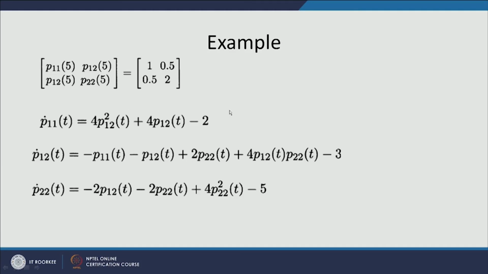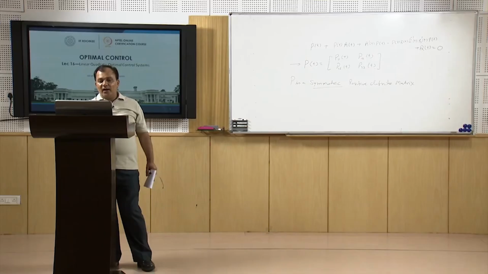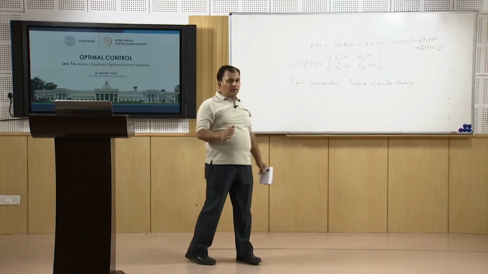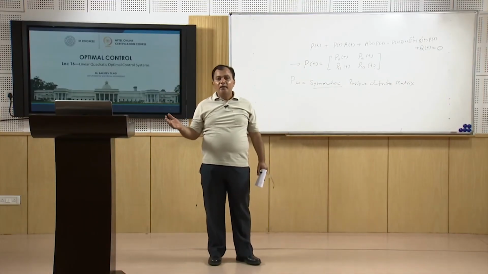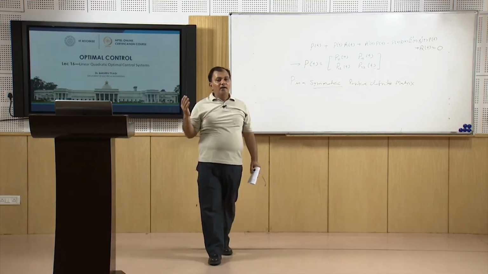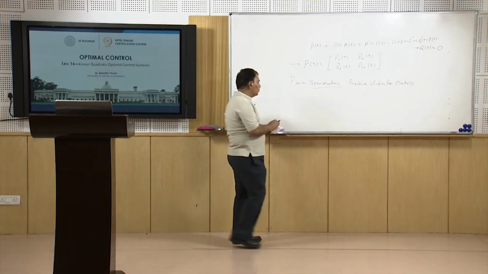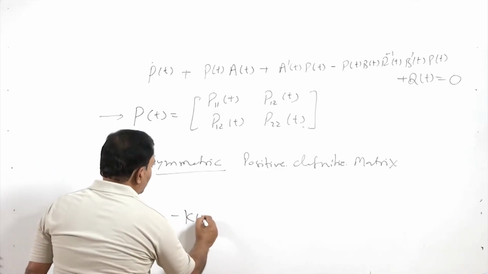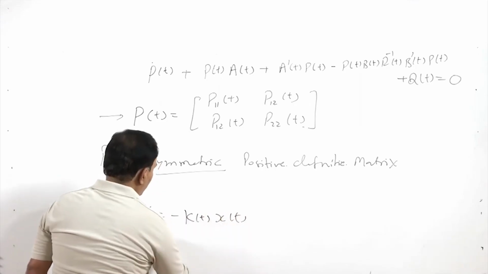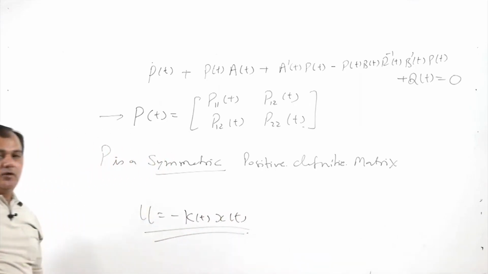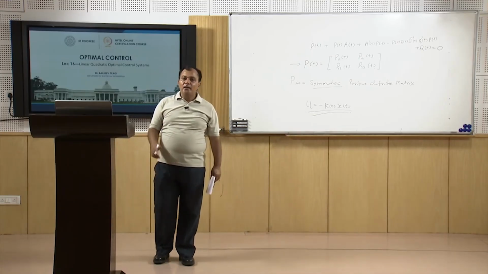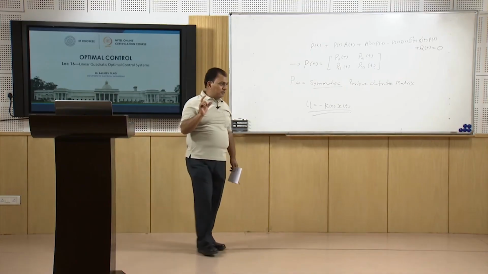Any numerical technique can be adopted to solve them, and in this way we can determine the P matrix. If P is known, then we can find K. If K is known, we can find u, which will be u equal to minus K(t) x(t). So, in this way we can solve our linear quadratic regulator problem for a finite time.